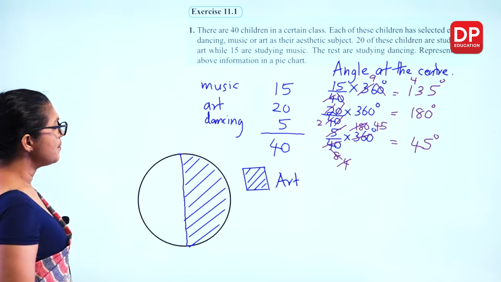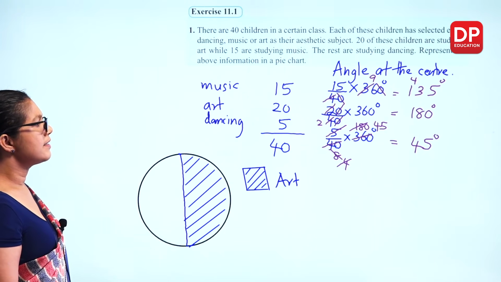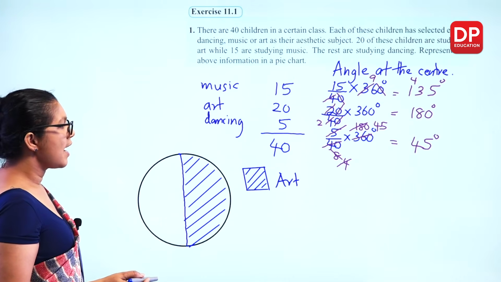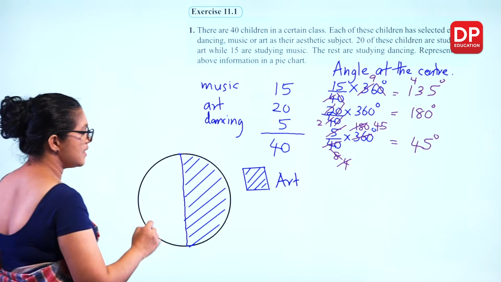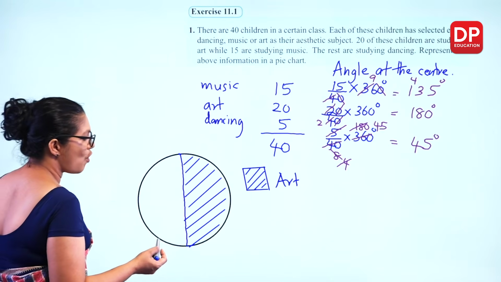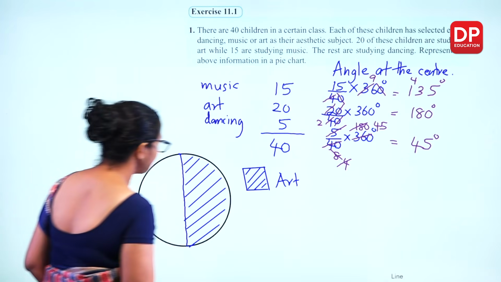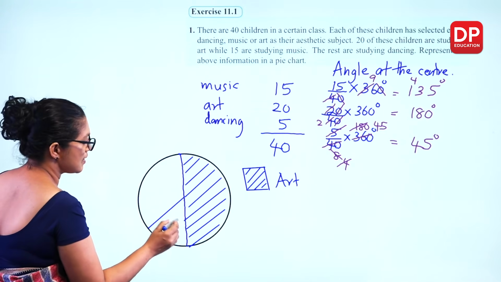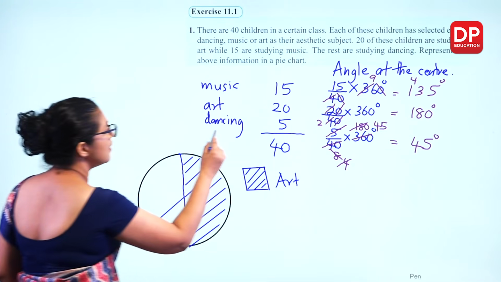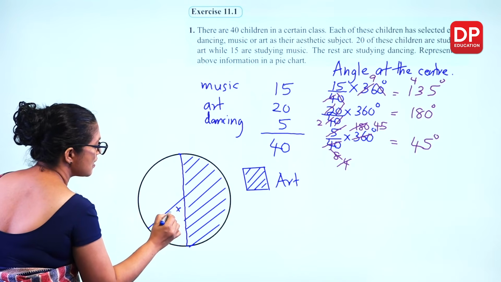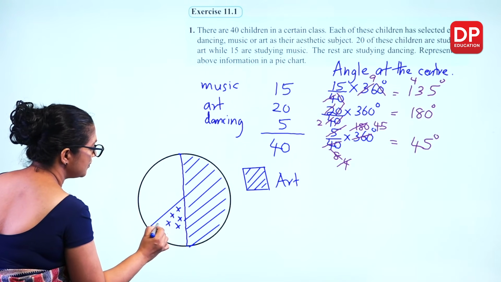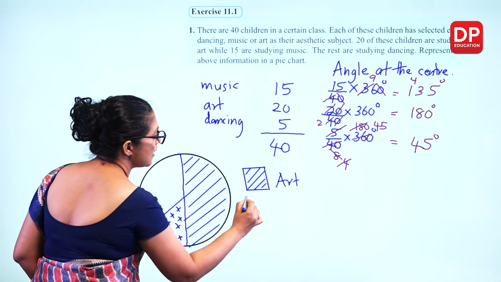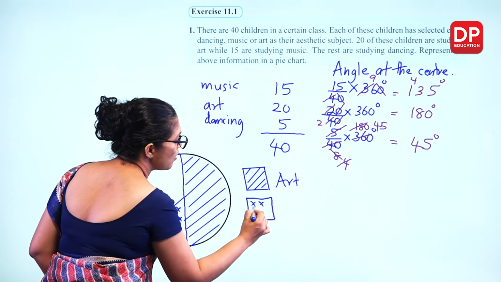What about the next one? I need 135 and 45. 45 is half of 90. You can measure this using a protractor. So 45, I can mark. That's somewhere here. So that's dancing. I can use another symbol for that, and then I can draw the category box.